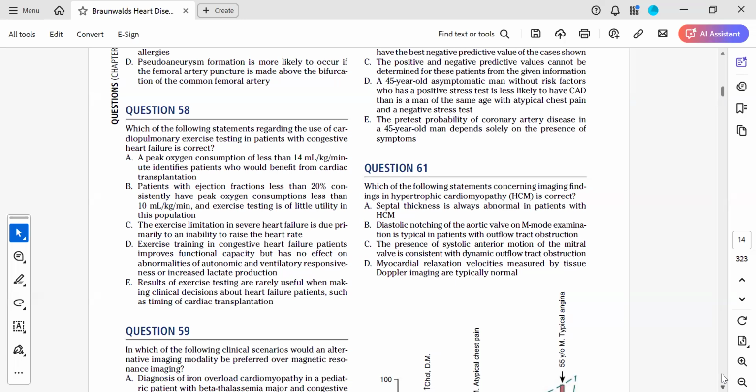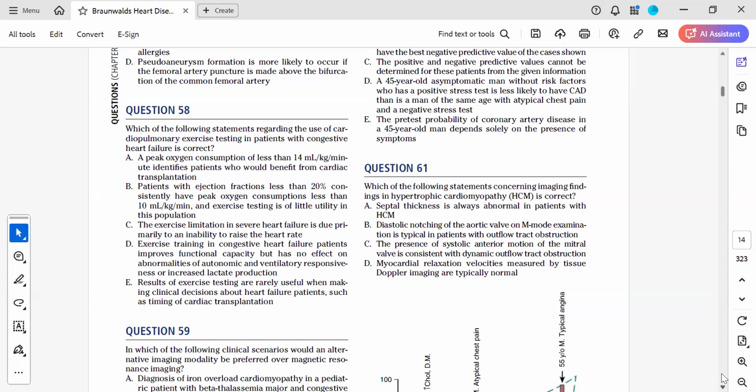C. The exercise limitation in severe heart failure is due primarily to an inability to increase the heart rate. From the little talk that we had, this option is false. Then D. Exercise training in congestive heart failure patients improves functional capacity, but has no effect on abnormalities of autonomic and ventilatory responsiveness or lactate production.